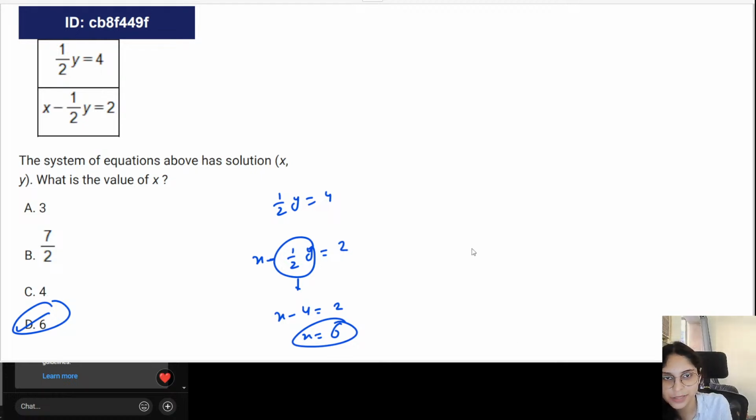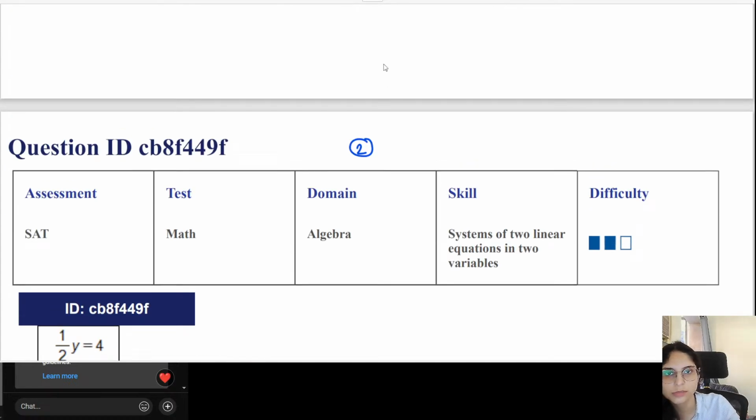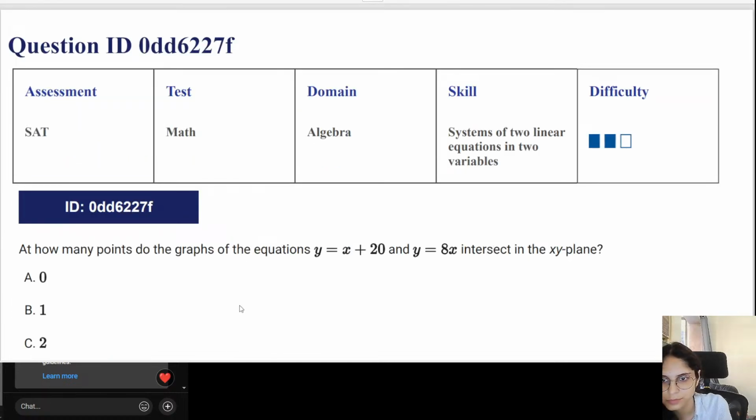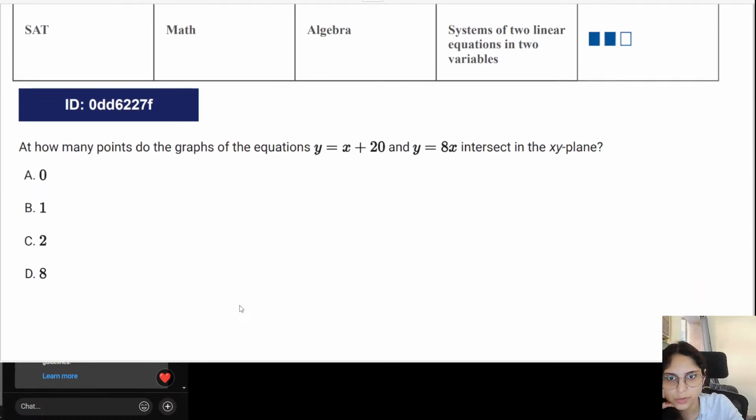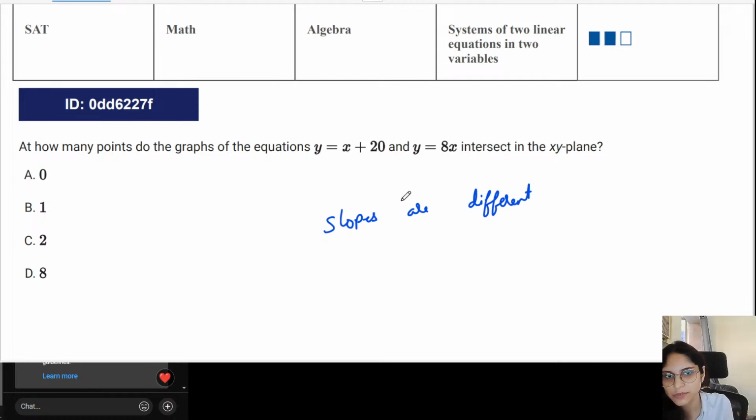Next easy medium problem, we are on medium problems now, is question number 8. At how many points do the graphs of the equations intersect? Because slopes are different, you don't need to solve it, you just have to look at the slopes. If slopes are same and y-intercepts are different, then it is no solution. If everything is same, there are infinite solutions.